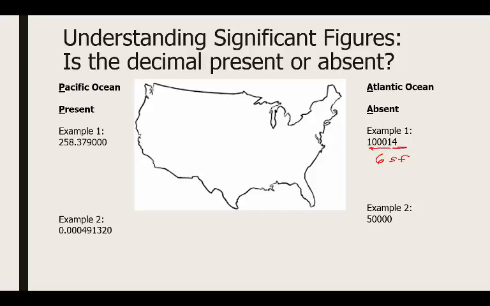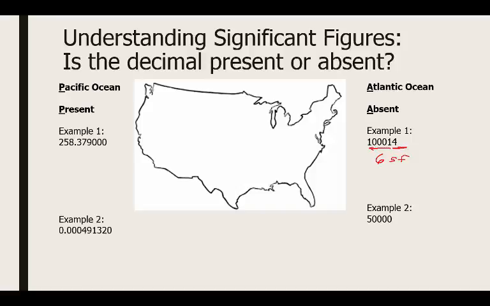Now let's look at example 2. In example 2, there is a decimal absent. So again, we're going to look for our first non-zero number beginning on the far right-hand side. On the far right-hand side, we have 1, 2, 3, 4 zeros, but because zeros are not non-zero numbers, these zeros are not significant.